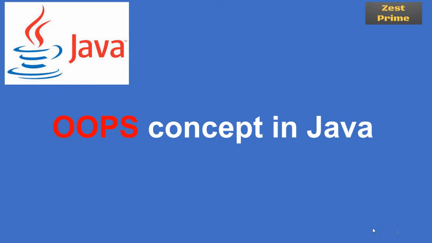Before talking about the list of OOPS concepts, let me discuss why we need to understand it and what advantage we achieve by understanding this concept. The first point: the main purpose of OOPS is that, whenever we write a program, it binds together data and the functions which operate on them.